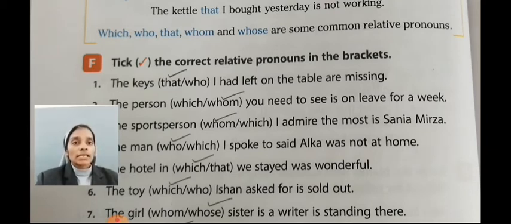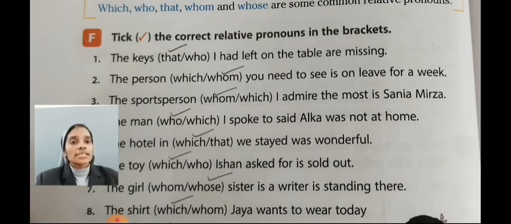First one, the keys that I had left on the table are missing. Why didn't we use who? Since the noun, the keys, is a thing, we used that. Next, the person whom you need to see is on leave for a week.